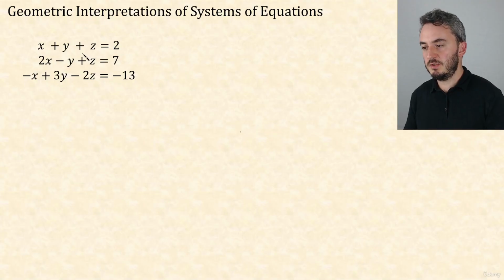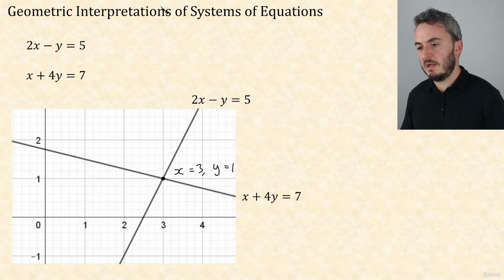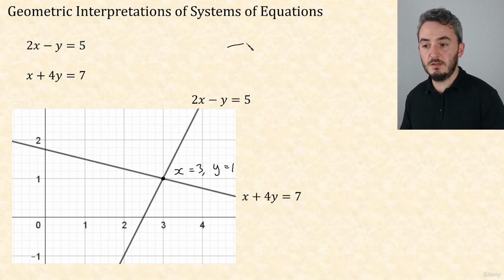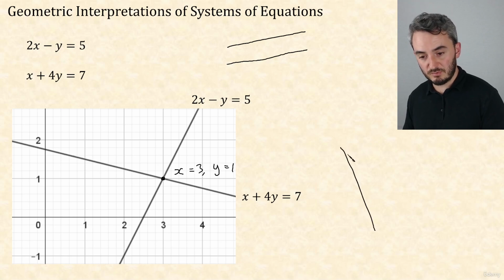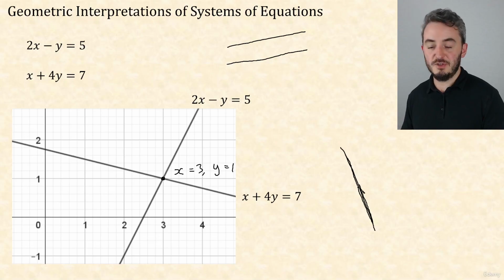Now go back to the two-dimensional case and consider the fact that 2 lines don't always intersect at a point, because you might have 2 lines that are parallel, in which case you'll have no solutions. Or maybe you have 2 lines which are actually the same line twice, just right on top of each other, in which case you'll have infinitely many solutions.